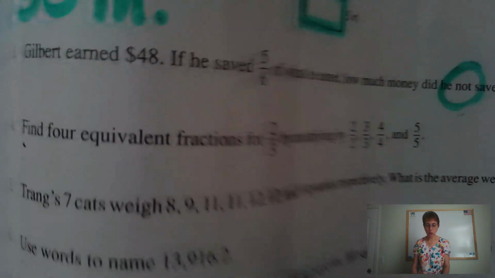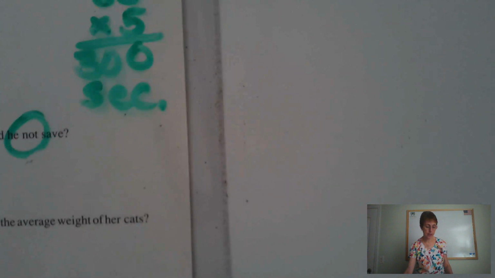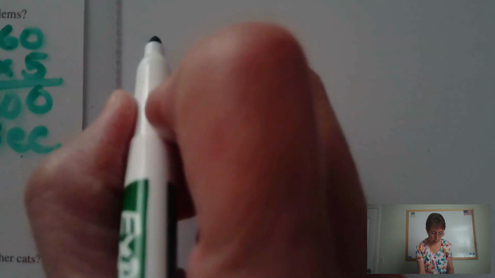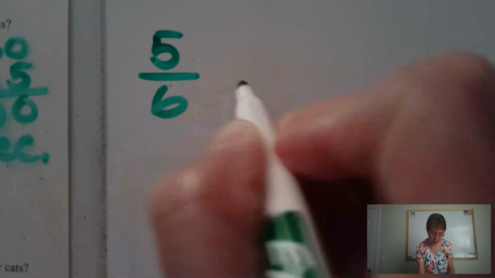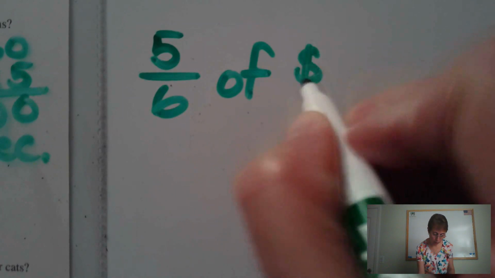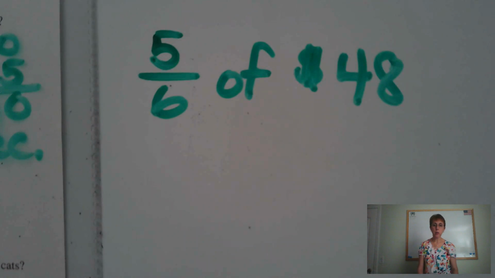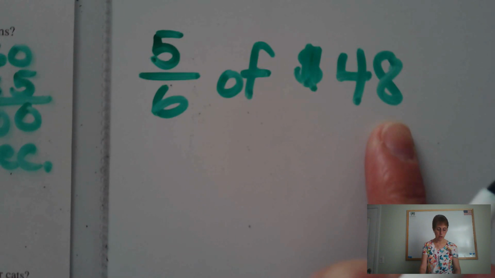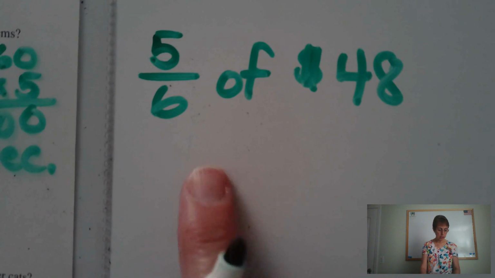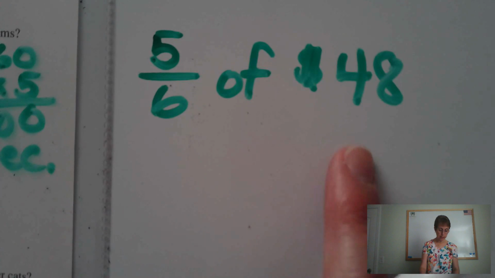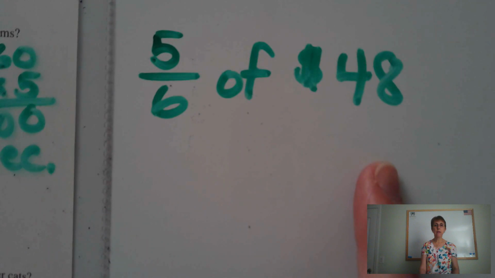So let's start out step by step. Remember, you take one step at a time. And so here we have a fraction of a group, because it's 5/6 of 48. Only in this case it's $48. It's money. So it said that Gilbert earned $48 and he saved 5/6 of that. How much money did he not save?